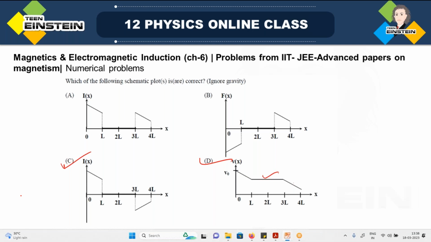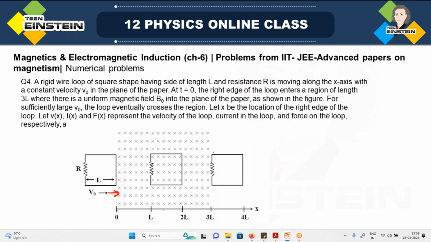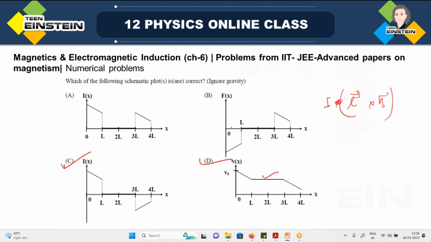Okay. And what about magnetic force? Magnetic force is IL cross B. The force is IL cross B, right? So we need to see whether, for the force, from 0 to L, during this time it has to be positive.